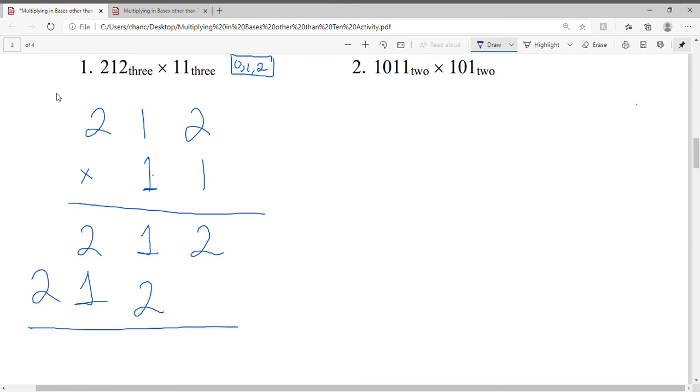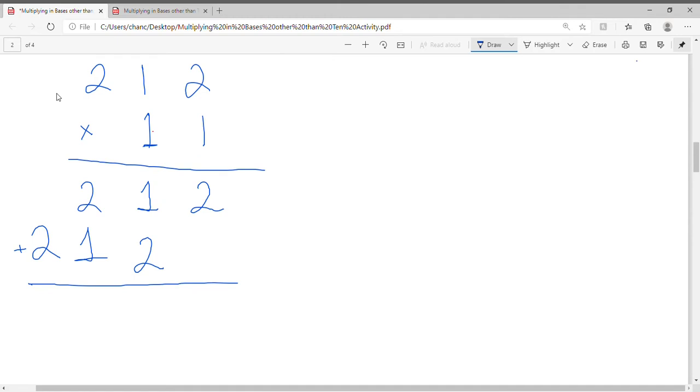So let's add. I have 2. 3 does not exist in base 3. So we'll divide that by 3. That's 1, remainder 0. We have a 0, and I'll carry that 1 over. 1 plus 2 plus 1 is 4. 4 does not exist.